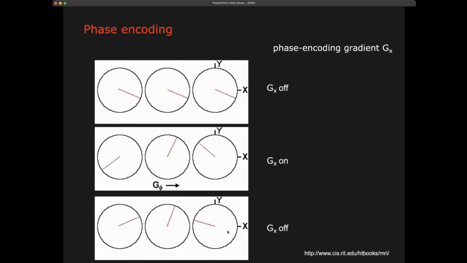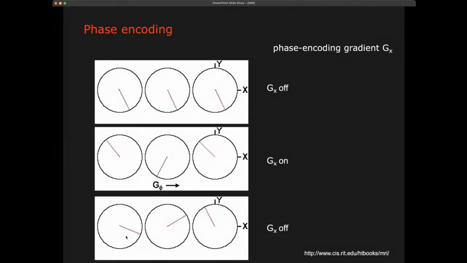Because by speeding up some, we made them go ahead, and by slowing some, we made them go a little bit behind. So the result is, if for a short period I have put this gradient on, I go from all going at the same frequency and at the same phase, to, after switching this gradient on and off, going at the same frequency but at a different phase.